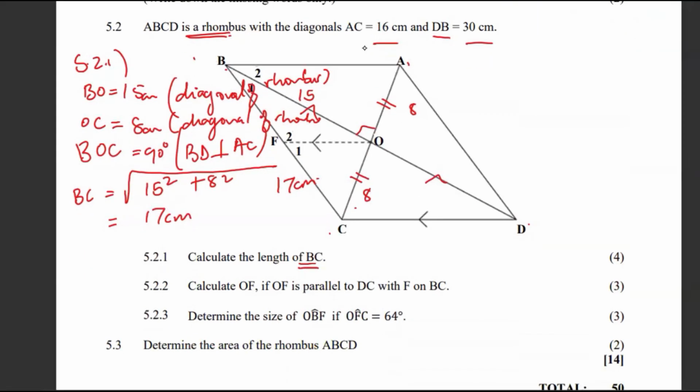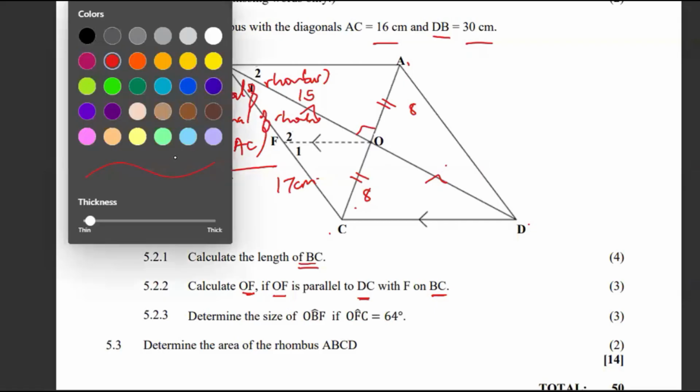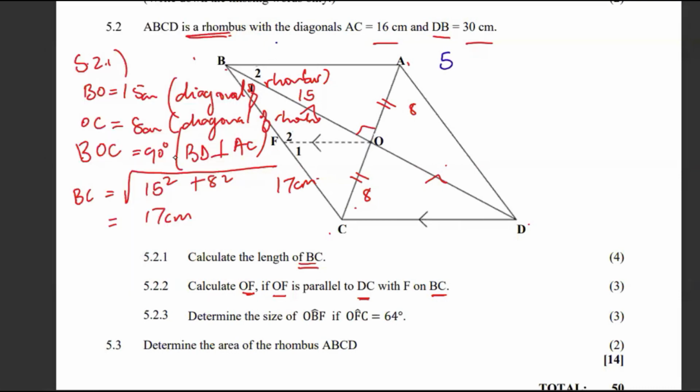Then 5.2.2. Calculate the length OF if OF is parallel to DC with F on BC. What did they tell us? Okay, they don't need to tell us anything. We just need to know, which means we're dealing with the midpoint theorem.